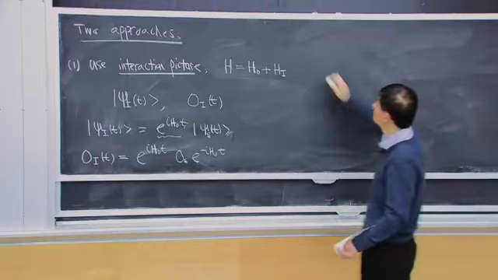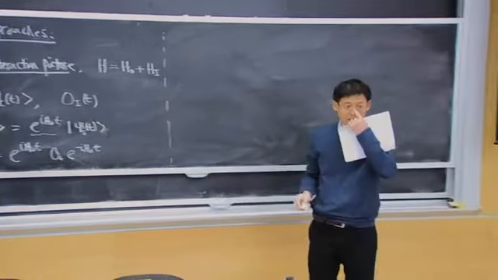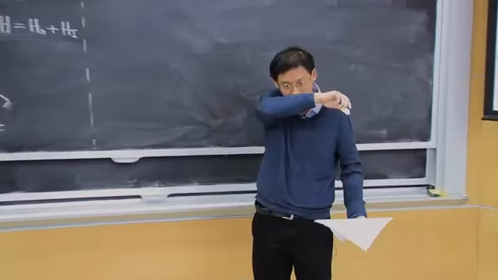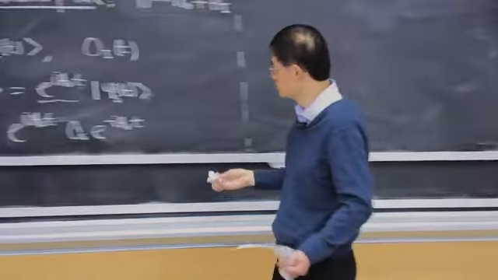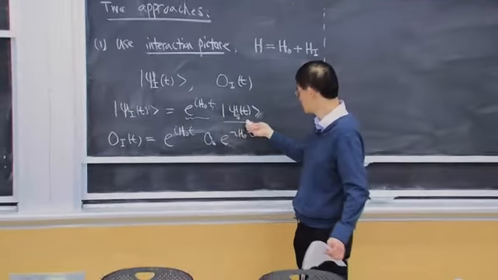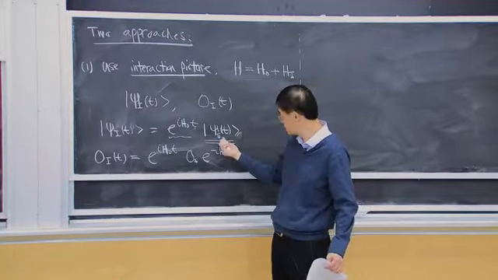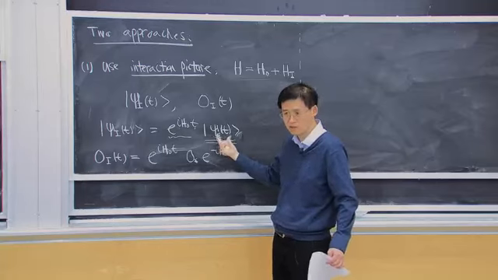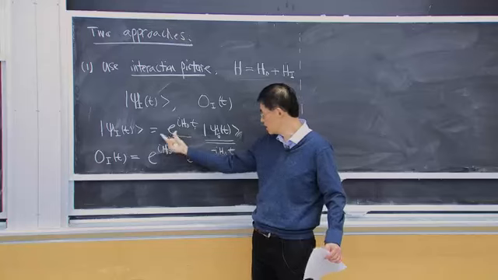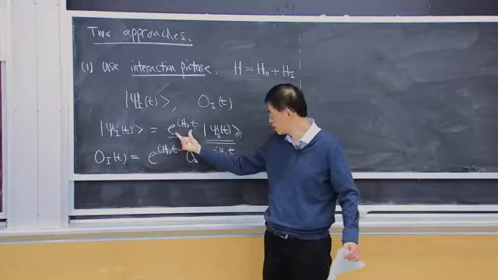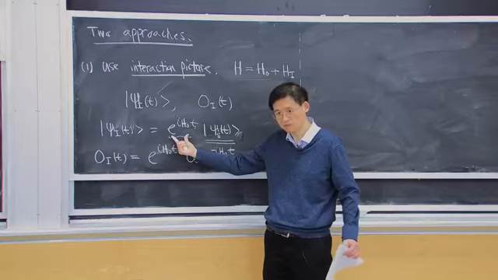Already in your quantum mechanics, you may have discussed the interaction picture. Have you seen it before? Yes. So remember, in the Schrodinger picture, the state evolves with the full Hamiltonian. Here the interaction picture is related to it by the conjugate of the evolution operator for the free Hamiltonian.